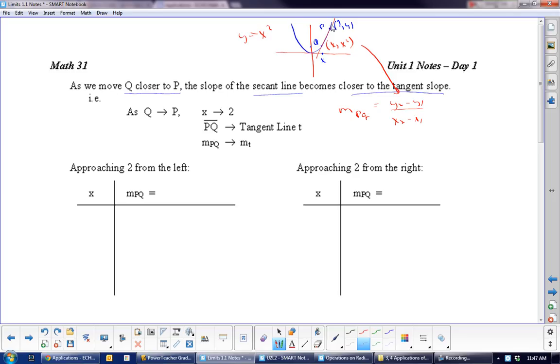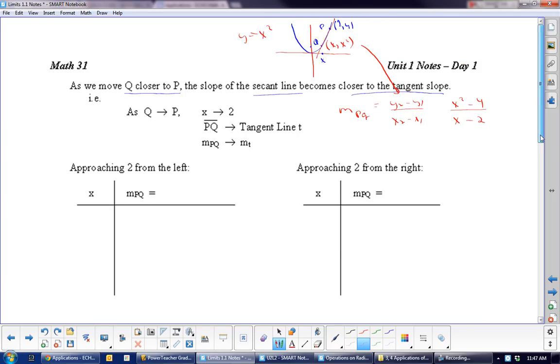So y2 is x squared, and y1 will be 4. x2, that's x, minus x1. Now, that's wrong.